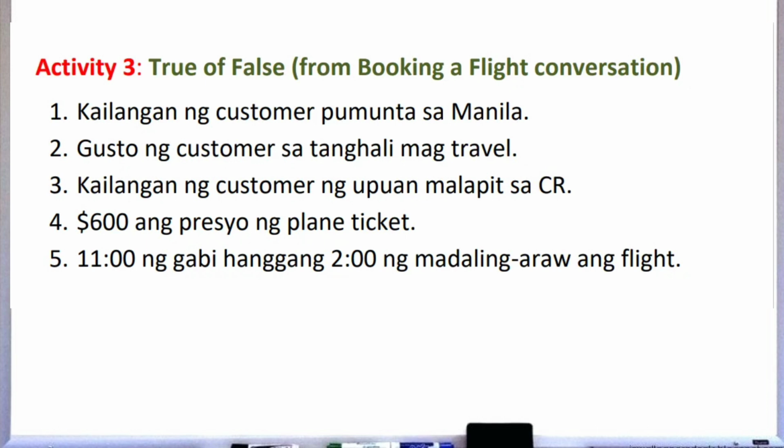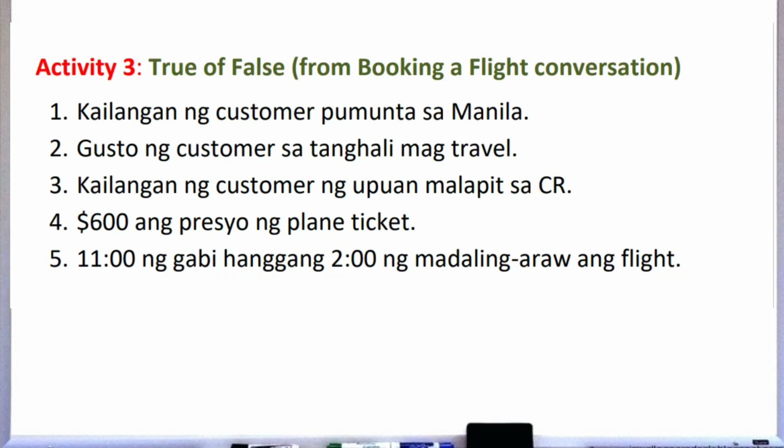Okay, so these 5 sentences were taken from the conversation I gave you in lesson 15. If you can still remember, there was this agent booking a flight, and there's a customer who wants to book a flight, but the customer had some specific wants and needs about the flight. If you can still remember the details, it's good, but if not, you can go ahead and rewatch the video.